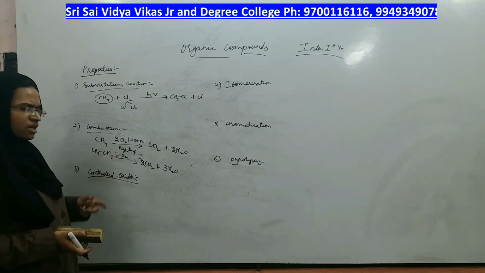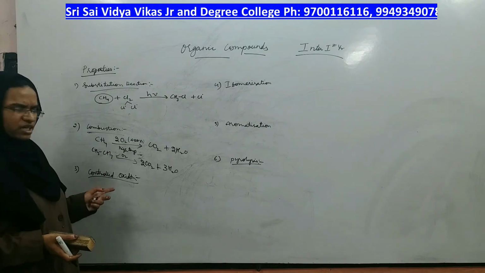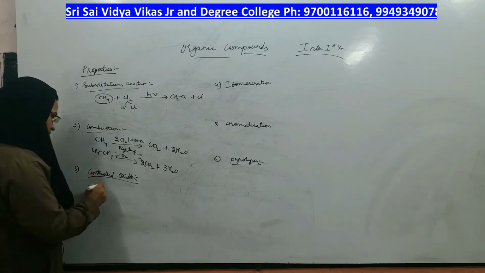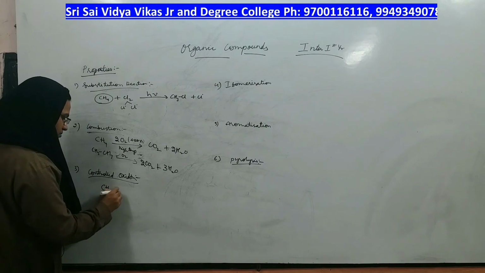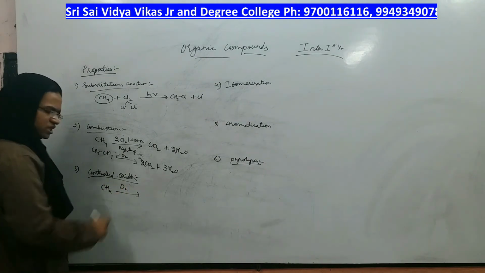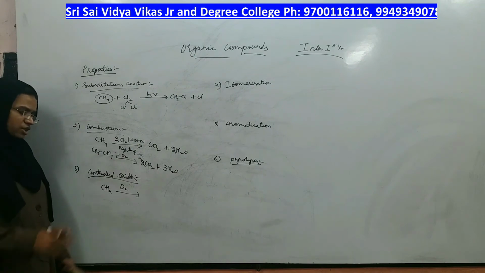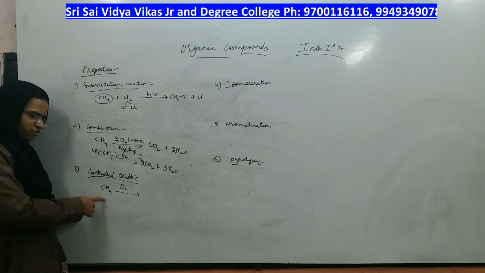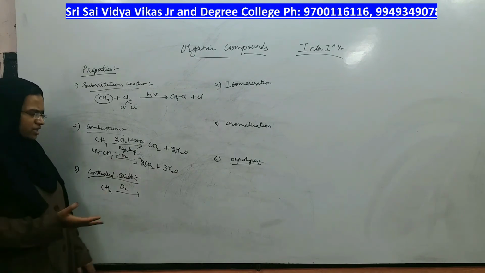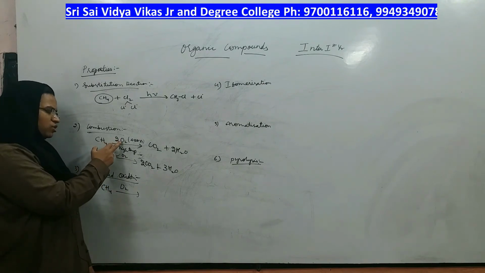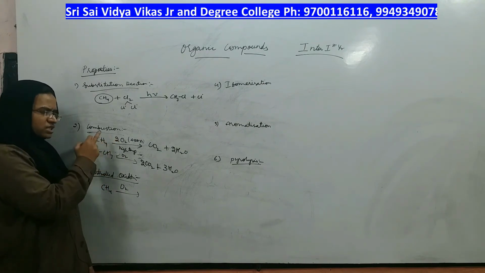In the next type of properties of alkanes, alkanes are burnt with oxygen, yes, but not completely. You are doing oxidation. What does oxidation mean here? Addition of oxygen. How much oxygen are you adding? Excess oxygen. Is there any limit?